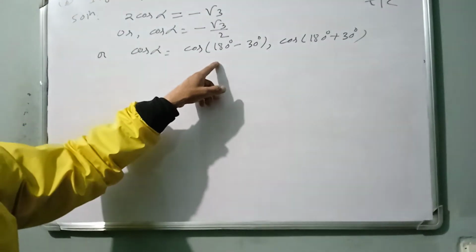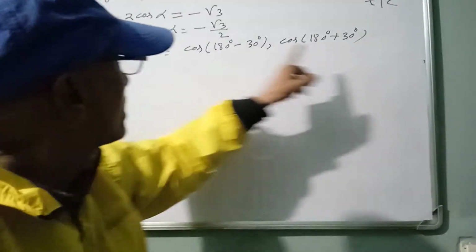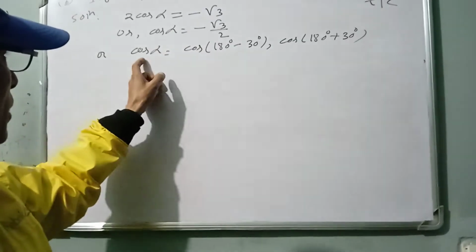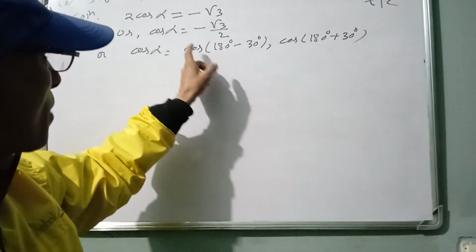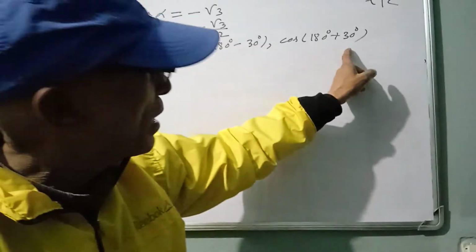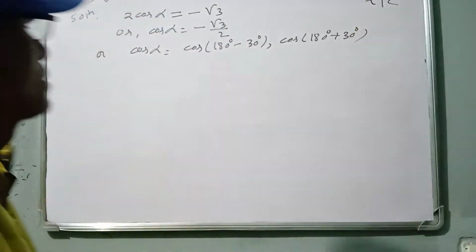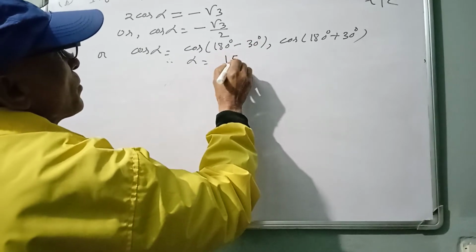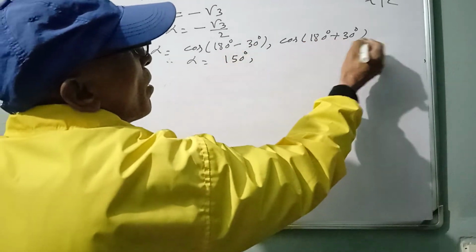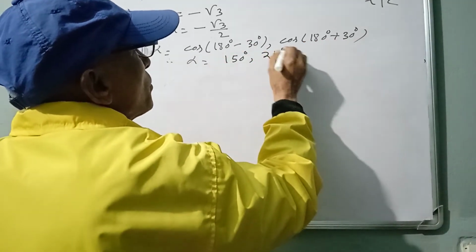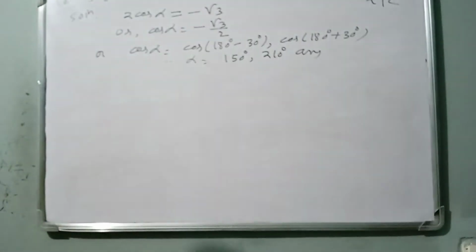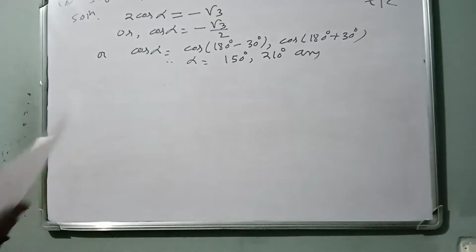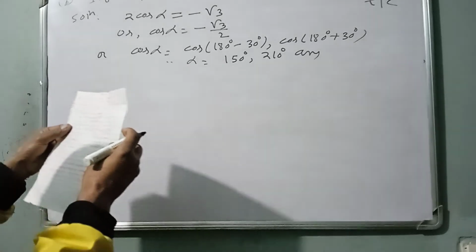Don't write 90 and 270. Cos 180 minus theta is minus cos theta, cos 180 plus theta is minus cos theta. Therefore, 180 minus 30 is 150, 180 plus 30 is 210 degree, the answer. This is a short question. Question number 4B finished.